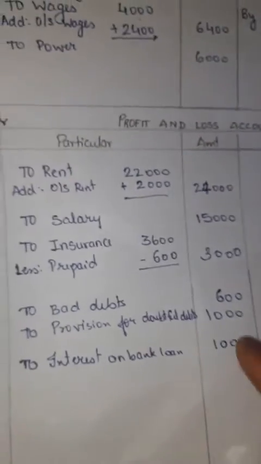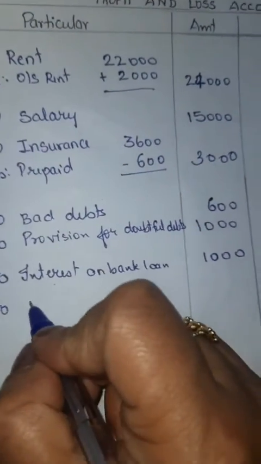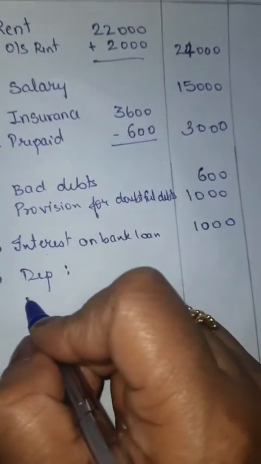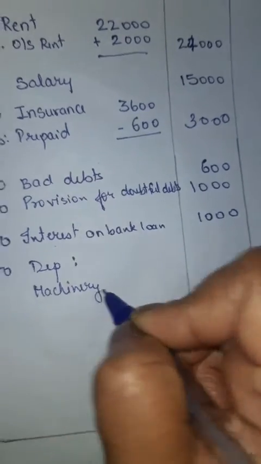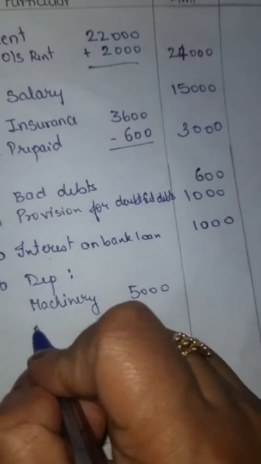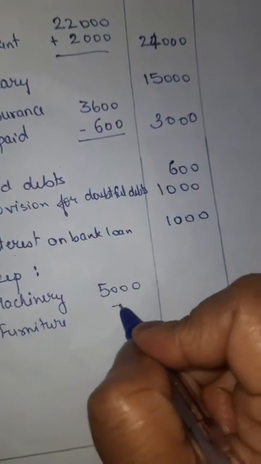Okay. Now where are we supposed to show the second effect of the same? Let us show it in the profit and loss account. On the profit and loss account debit side, write down depreciation. Then separately you can write machinery, 5,000, and furniture, 700.